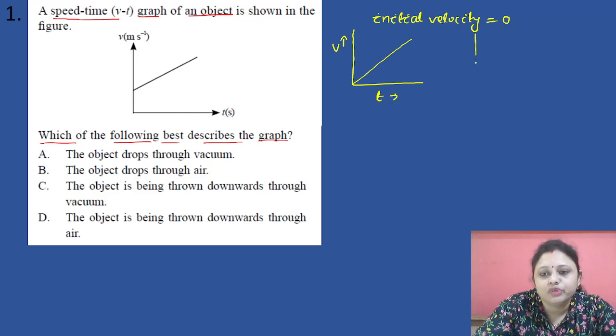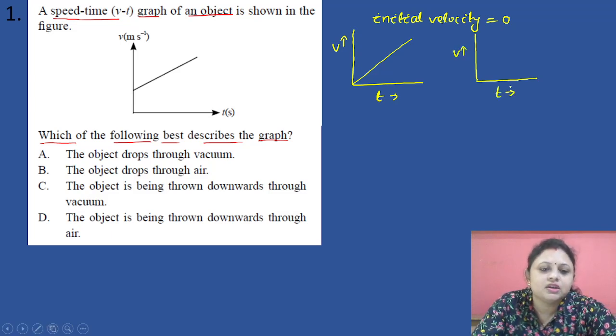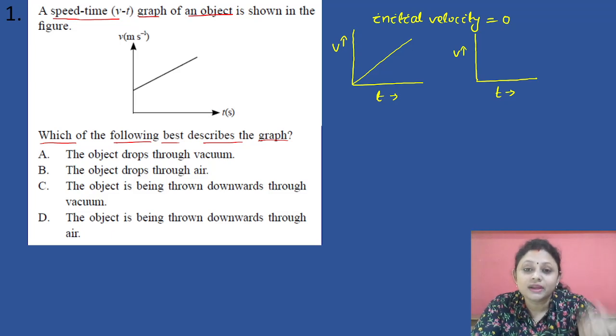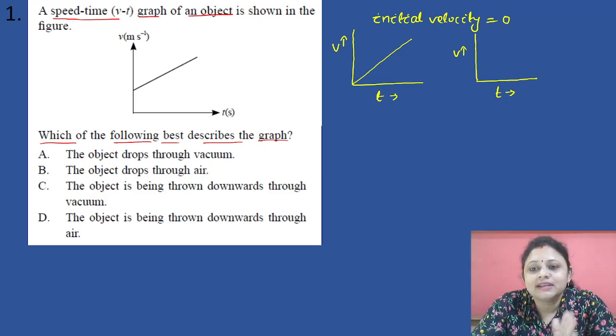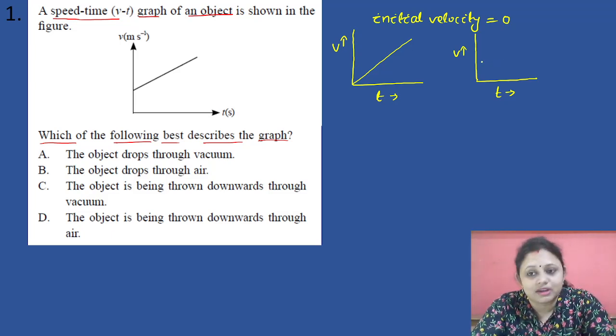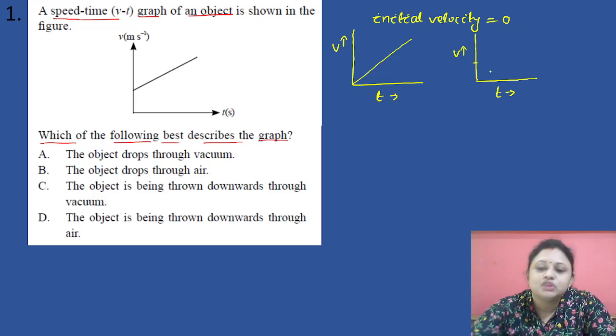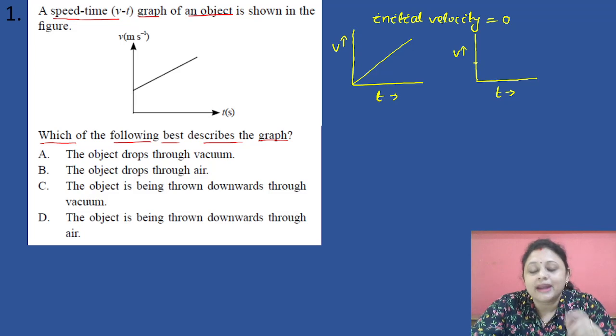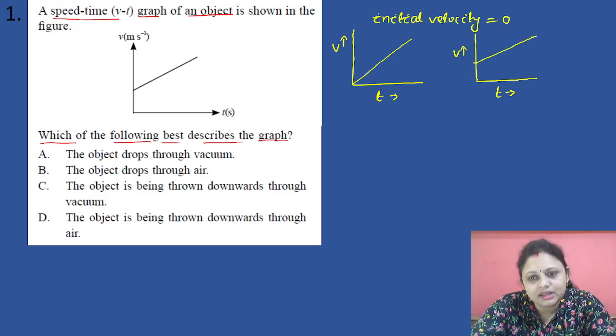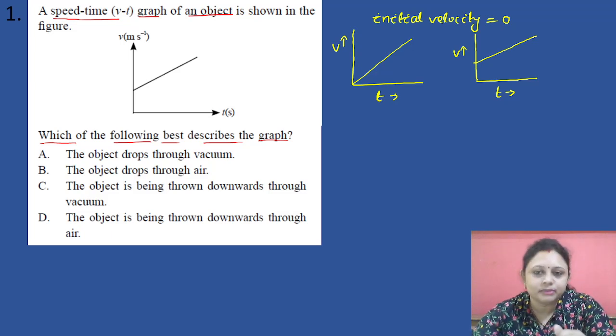But if we are not dropping the object, if we are throwing that object, then it will have some initial velocity. Let's say the graph will begin from here. So if we are throwing, and it is having constant acceleration, then the graph will be like this.